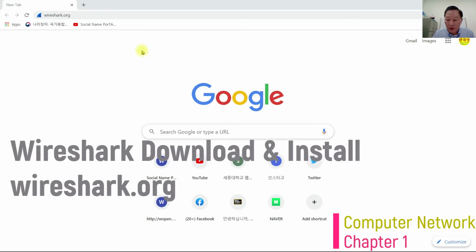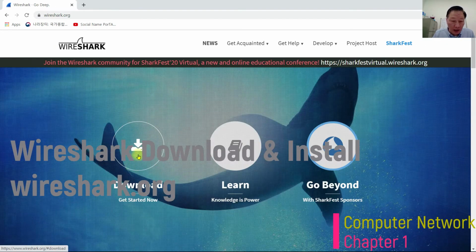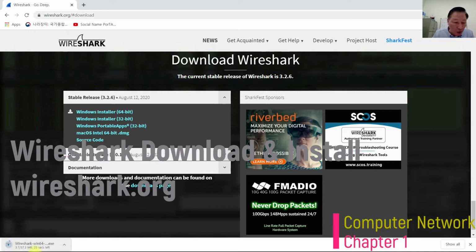To download the Wireshark packet analyzer software, please use this URL, wireshark.org. After that, you can get this web page, and here you can simply click for downloading, and choose depending upon your operating system. I'll choose this one, and that will be downloaded here.